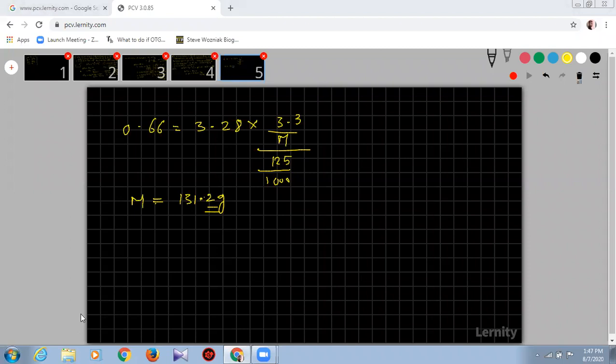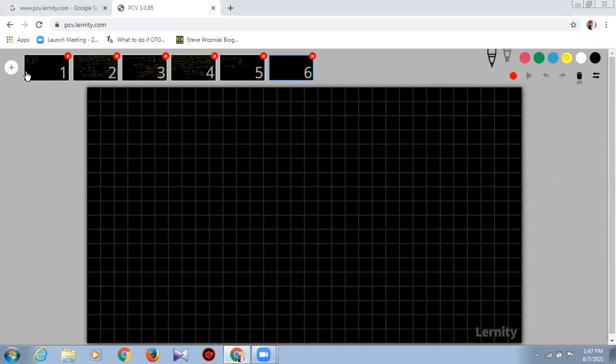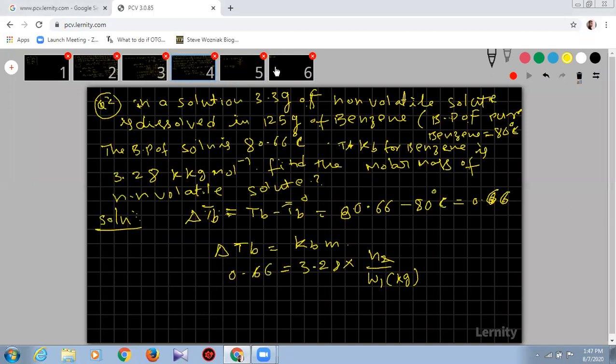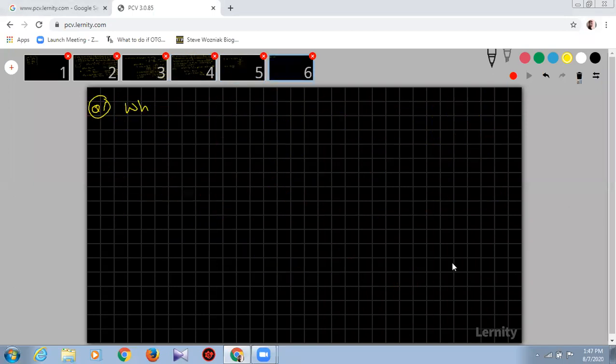Now take one more problem. If anyone wants to note down, you can note down. Okay, I will show you that. So now write down what amount of ethyl alcohol, that is C2H5OH.